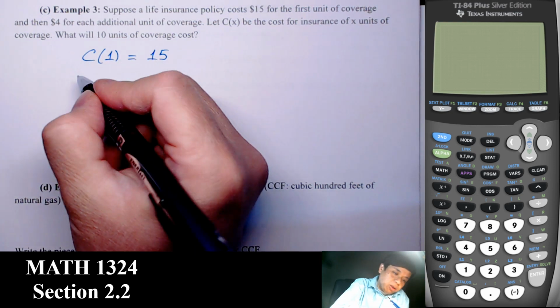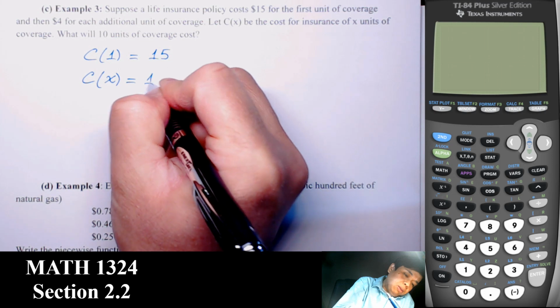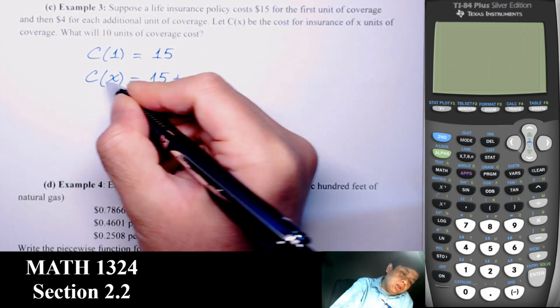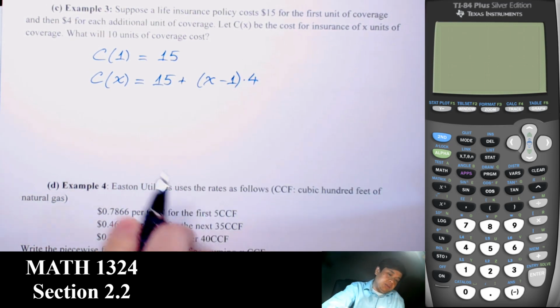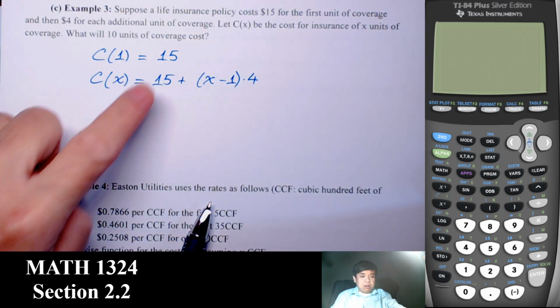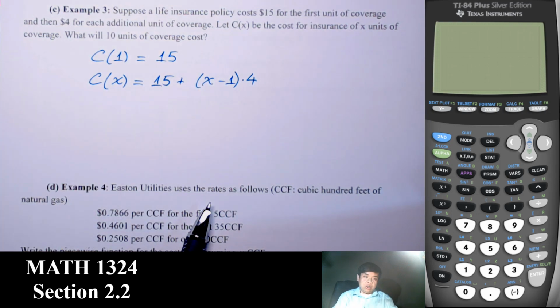And for additional units, we start at 15 and additional, so we have to subtract 1 from x. That goes at $4. Right? 15 for the first one, and everything after the first is going to be $4 each.